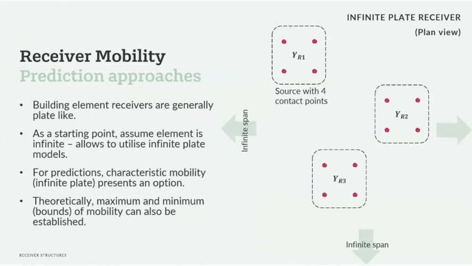The first point is, because we have a plate-like receiver, we can see if we can utilize infinite plate approaches to represent the behavior of your finite plate. So let's say you had that finite plate in the earlier slide, and you just assume that you have an infinite plate of the same thickness. Because you can use an infinite plate approximation, you have ready-made relationships based on some material properties and the thickness of the slab to get the characteristic mobility, which is the mobility of the infinite plate of the same thickness.